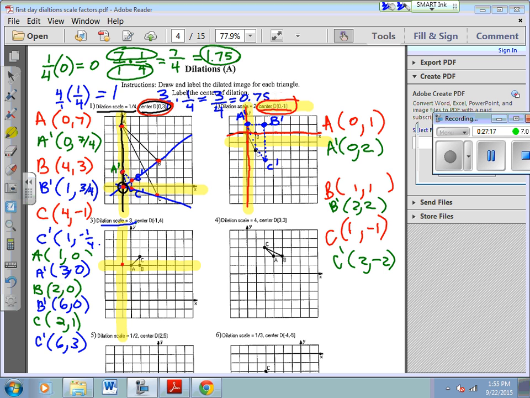And then for number 3, the coordinates for A prime are 3, 0. So 1, 2, 3, A prime. B prime is 6, 0. And C prime is 6, 3.